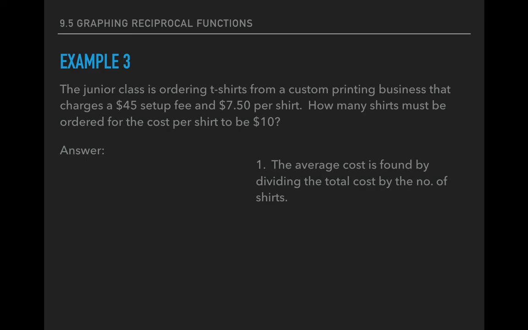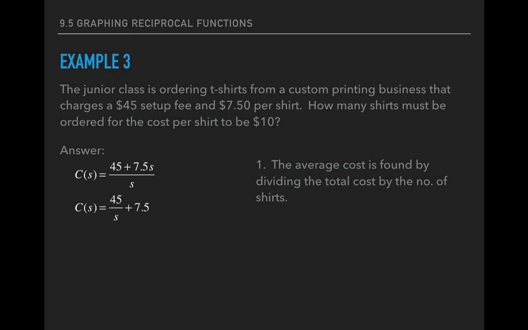The whole group, when they go and pay for their shirts, is going to pay the cost of all the shirts plus the setup fee, but we want to find the average cost per person. So that would be found by taking the setup fee plus the cost for each shirt divided by the total number of shirts, which is represented with S.